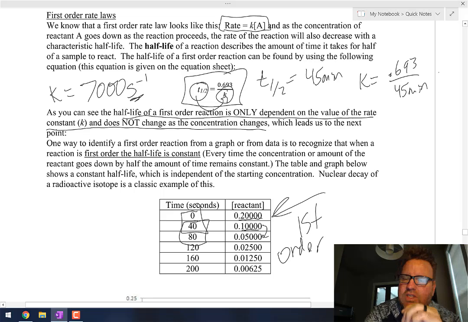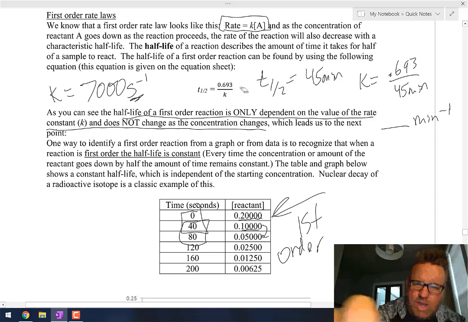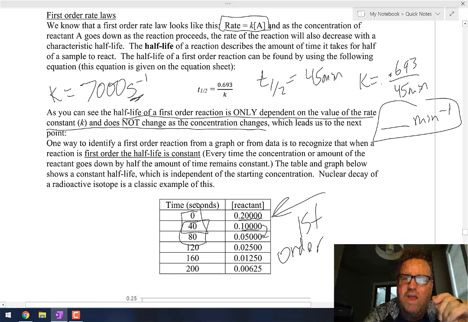Your answer would be 0.693 divided by 45, whatever that is, and the units would be minutes to the minus 1. So if you know it's a first order reaction and they give you one or the other, you've got to be able to use this equation, which will be on that equation sheet, to find either the rate constant K or the half-life.